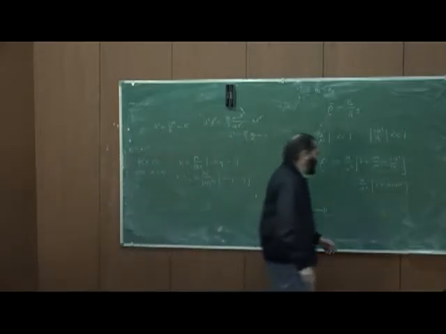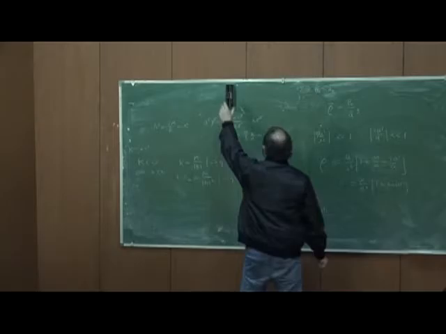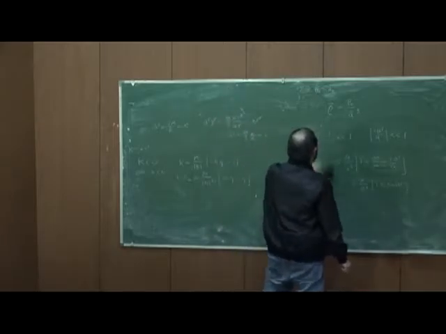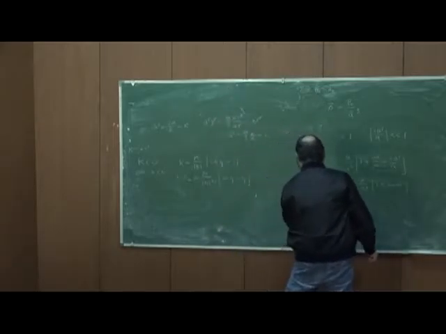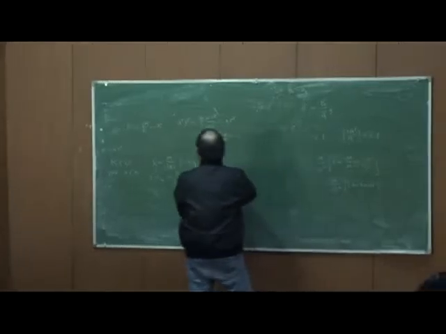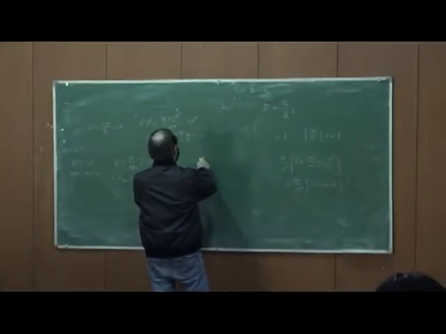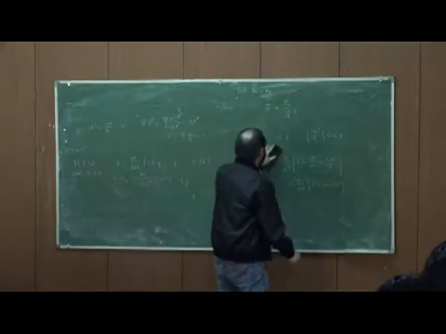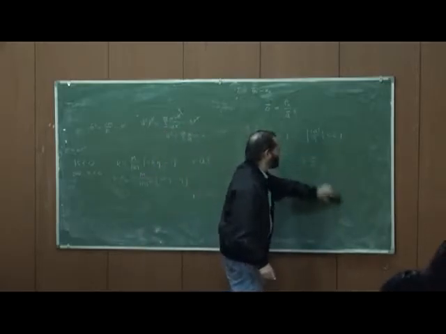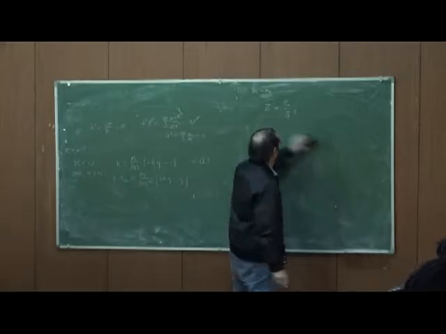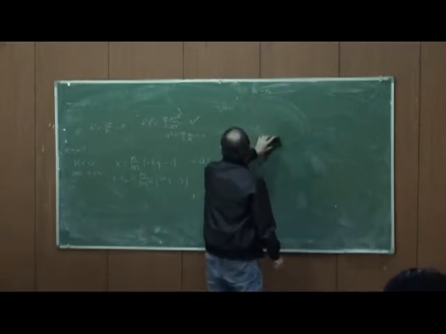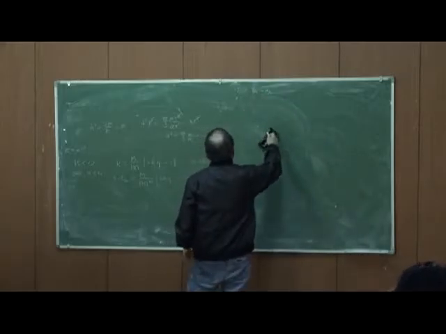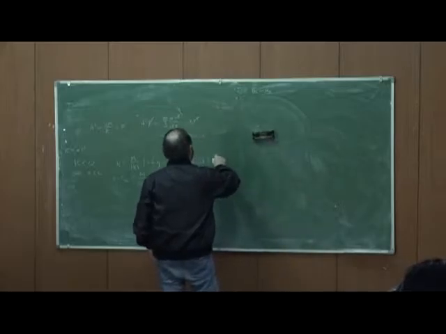Now, immediately, we see that this is A times R. Then what is N?